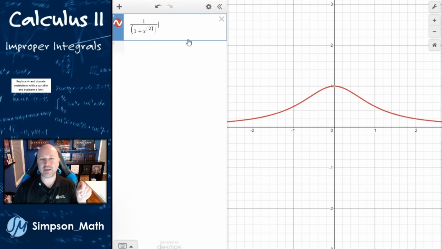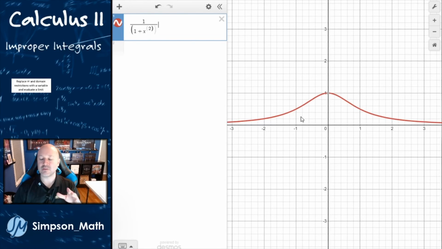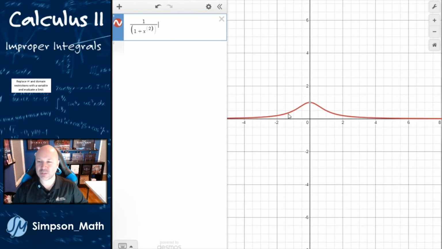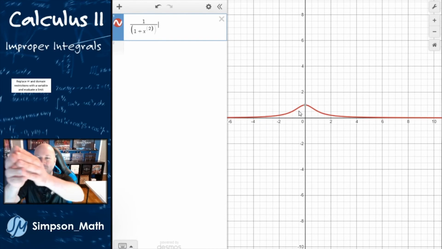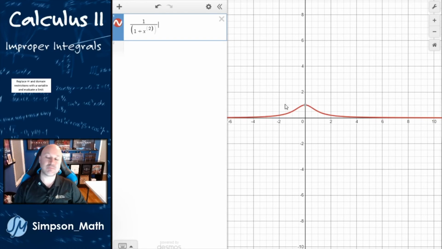Yeah, if x is 0, I get 1. Okay, yeah, that shape is very familiar. It's that bell curve shape from like statistics. And come to find out, when you add the area over all that curve, it sums up to pi. How cool is that?